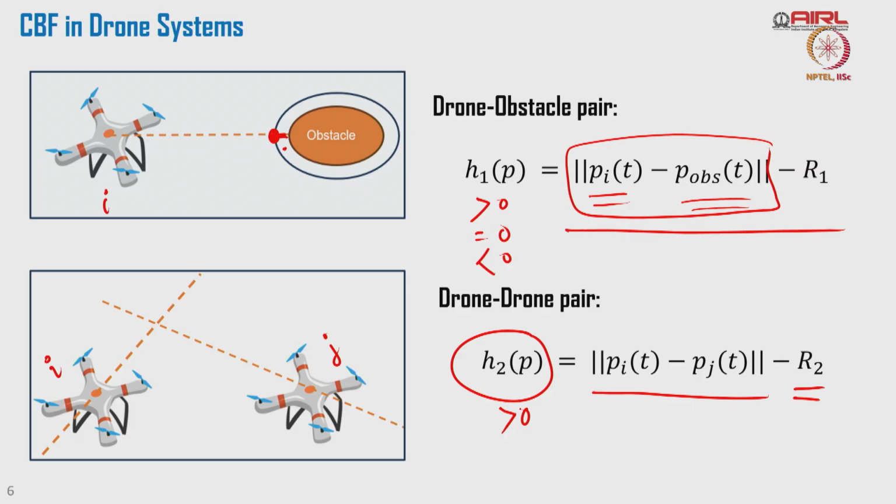If it is less than 0, then we can conclude that the drone has entered the unsafe region. Equal to 0 is also challenging because then we have to see whether the sense and avoidance algorithm is working properly or not. Otherwise, equal to 0 is on the verge of being in the unsafe set, right?